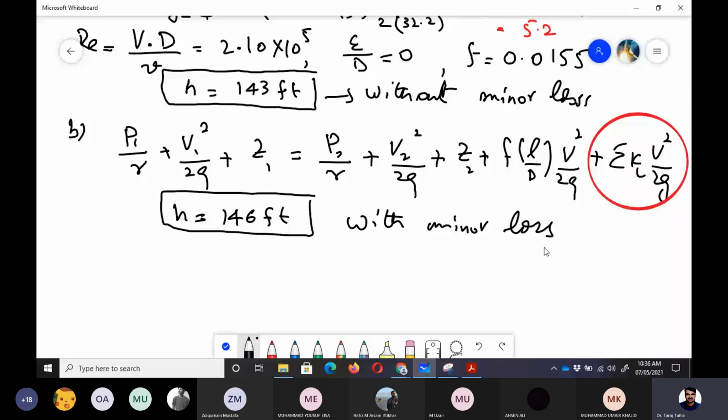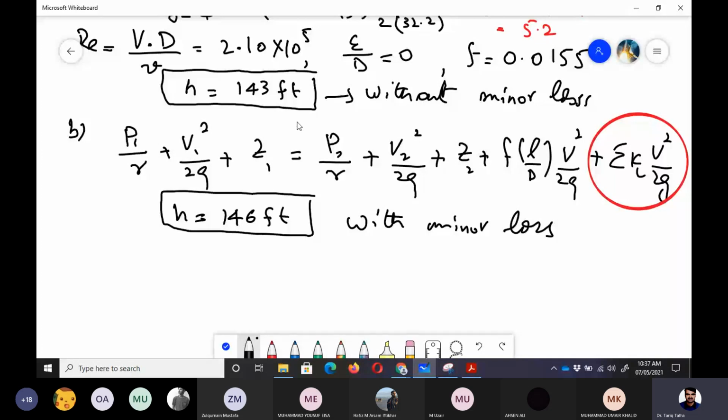That's why the majority of the loss is due to viscous frictional effects. Because there are only a few components, like 16 or 17, the loss incurred due to those components is a little bit less.